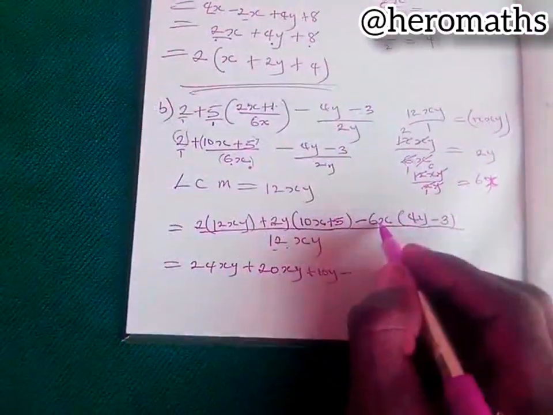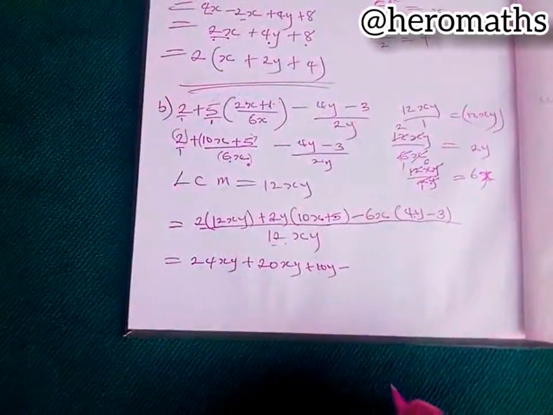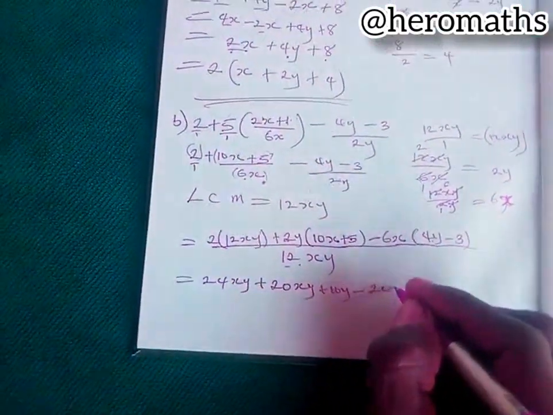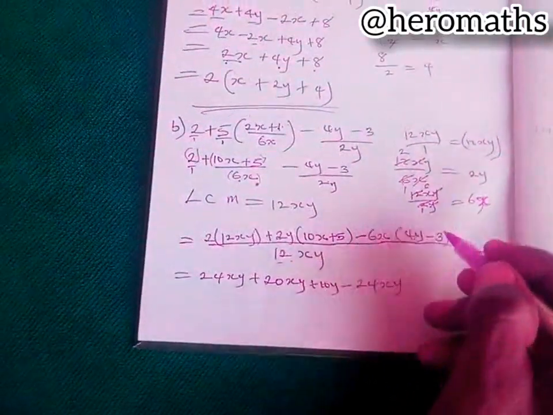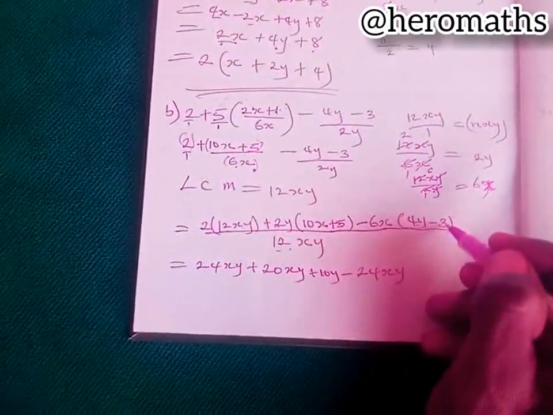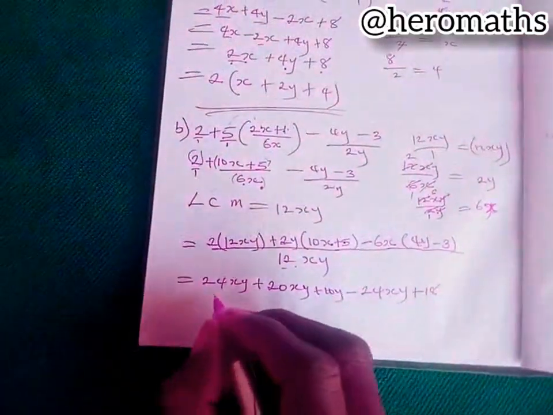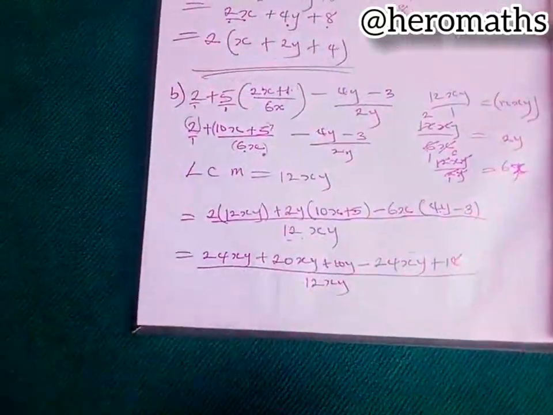Minus 6x. We open this one again, that is 6x times 4y, that will give us 24xy. Then minus 6x times minus 3, that will give us plus 18, all divided by 12xy.